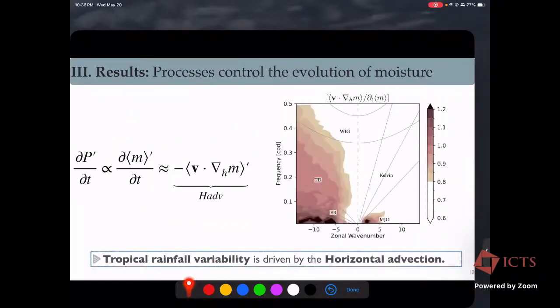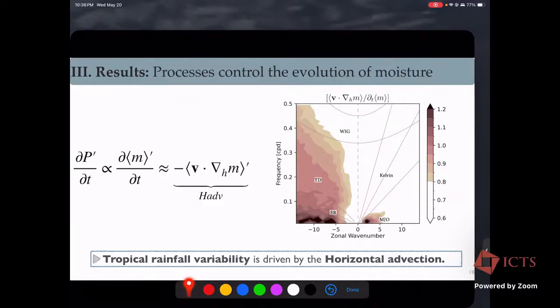But the question now is, what happens for the other disturbances? In this figure, for instance, I'm showing the ratio between the horizontal advection and the tendency of moisture for the different waves. For the TD, a 1-to-1 relation is observed, which means this is true for the TD waves. Similar behavior is observed for the quasi-Rossby wave, which also means the horizontal advection organizes moisture for these disturbances.